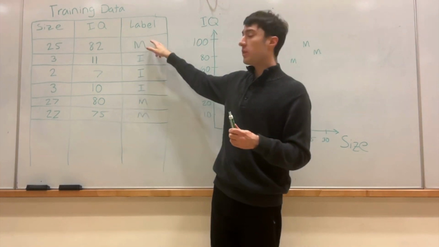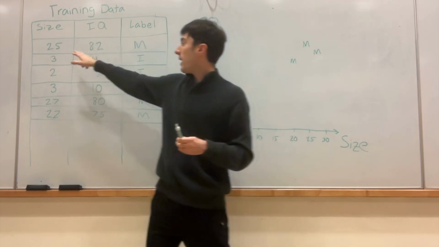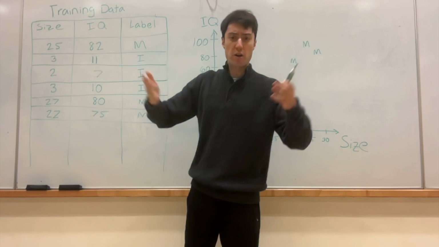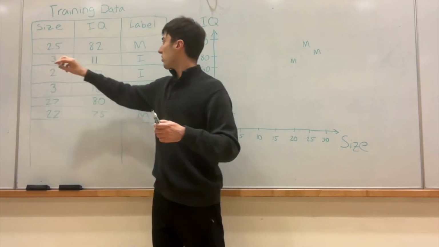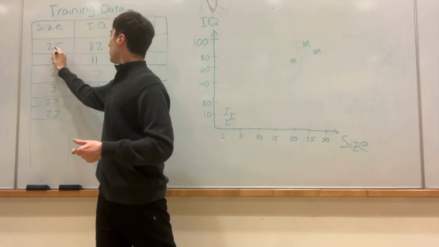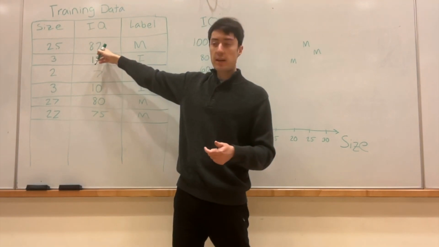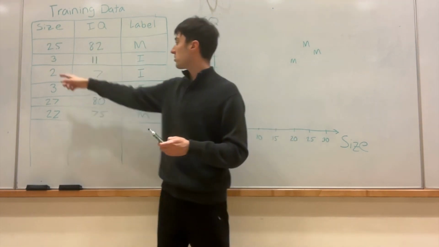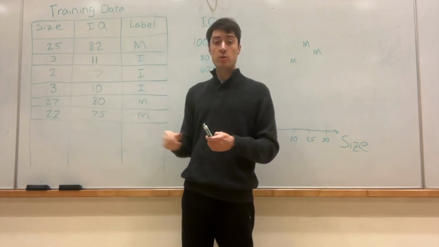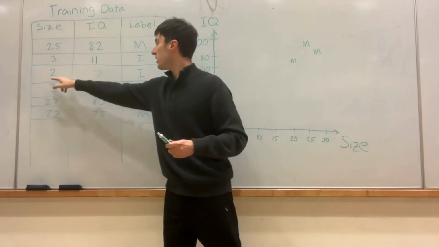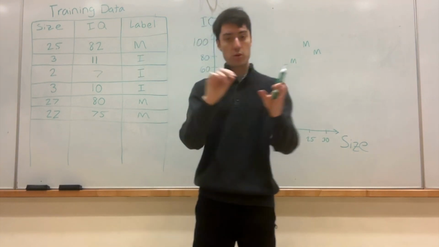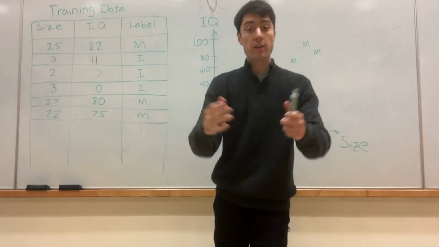And so we found one monkey, and his size was 25, maybe kilograms or something like that, right? 25 kilograms. And then we measured the IQ, and this monkey had an IQ of 82. Well, this insect over here had a size of 3 and an IQ of 11. Okay, so each of these are individual instances which we found and we recorded, and now we're going to put it into our algorithm.